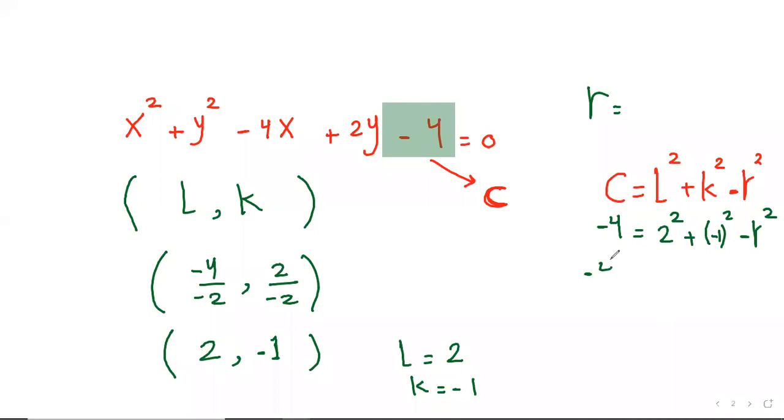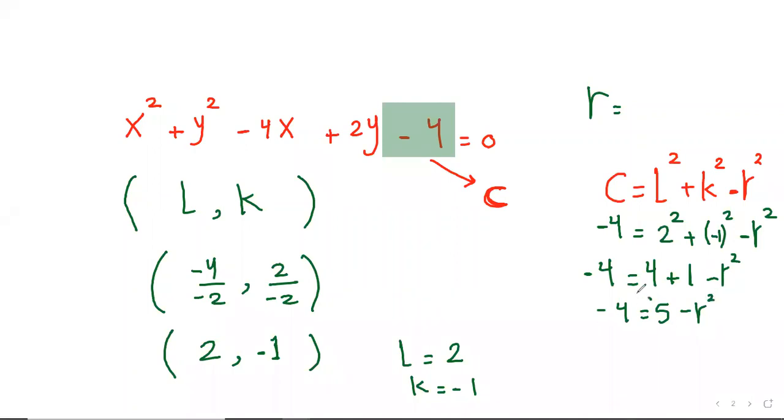So negative 4 equals 4 plus 1, which is 5, minus R to the power of 2.